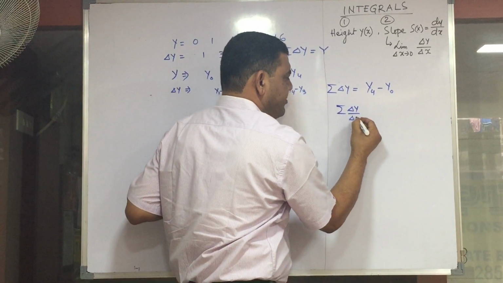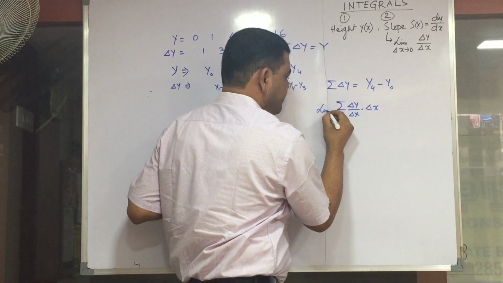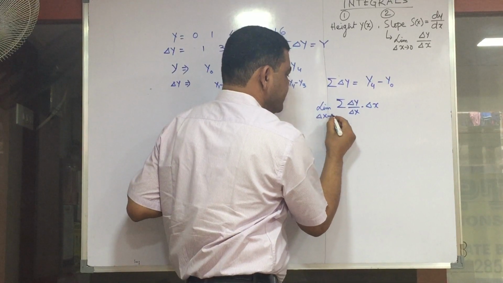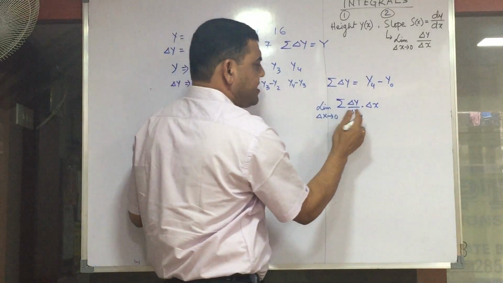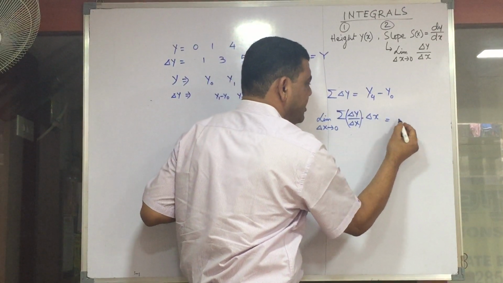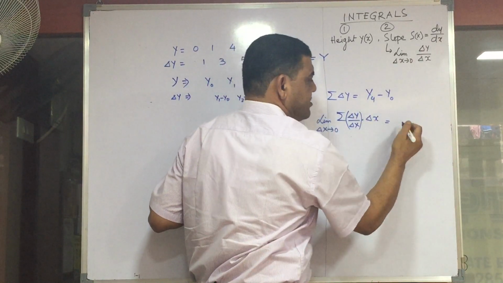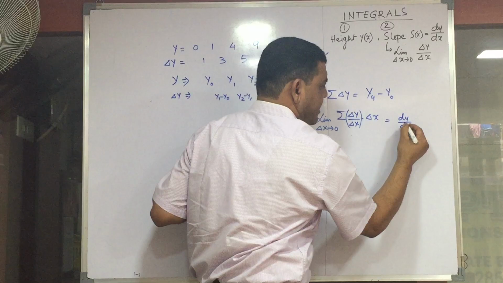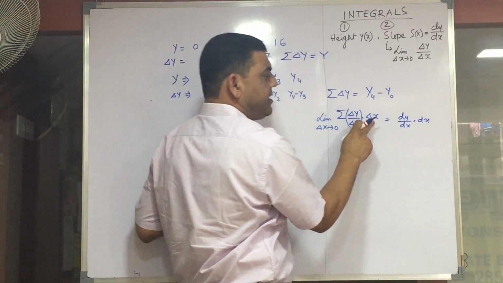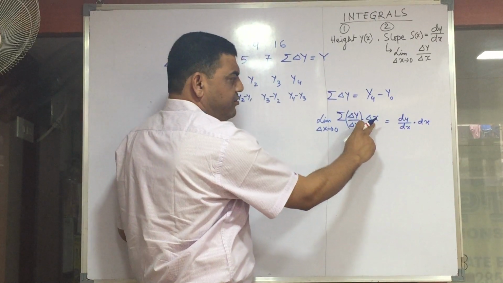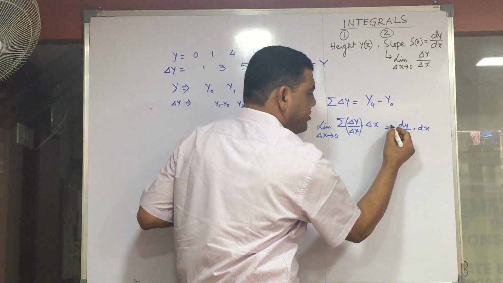I can divide and multiply by delta x, and apply the limit as delta x tends to 0, meaning we split into smaller and smaller fractions. The first component is nothing but dy/dx, which is the slope, multiplied by dx, which is the limiting value of this particular change.